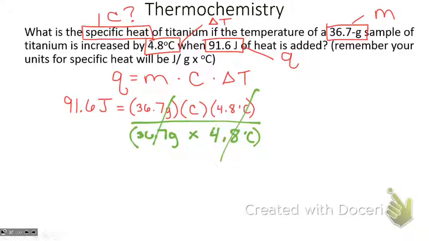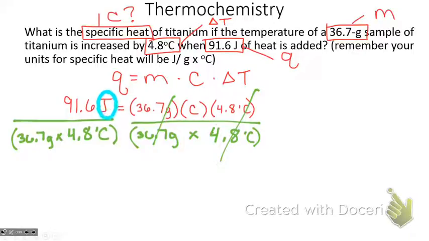So remember, whatever I do to one side of my equation, I must do to the other. So I'm going to divide this side by 36.7 grams times my 4.8 degrees Celsius. So right away I can see how my units are going to be funny. It's going to be joules divided by grams times Celsius, which is the appropriate unit for specific heat capacity.